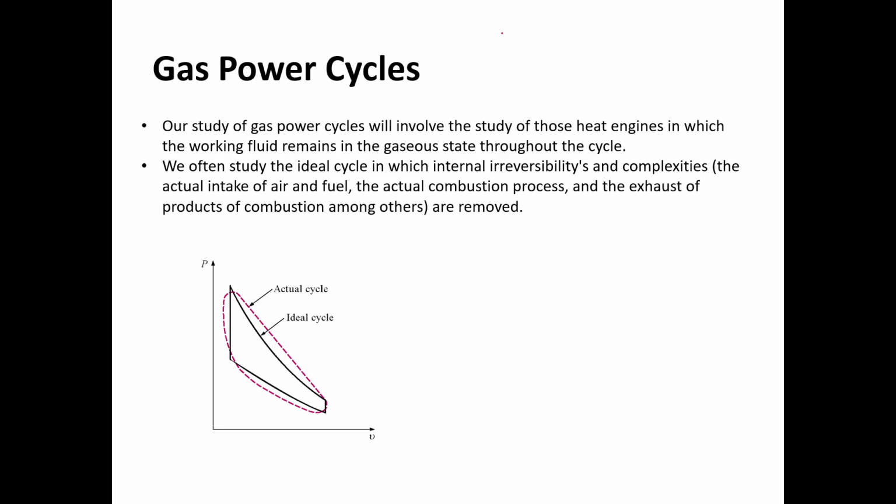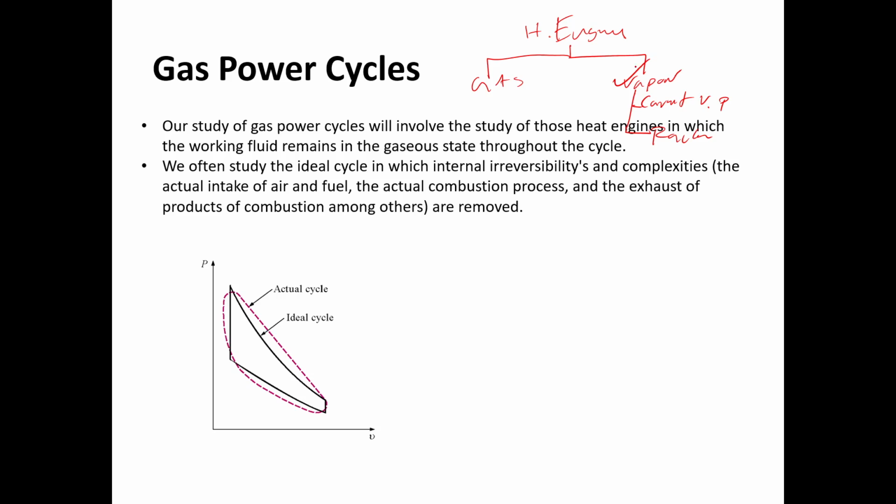So basically we have engines, heat engines. Then under there we have gas power cycles, and then we have vapor power cycles, right? Under there we have discussed the Carnot vapor power cycle, and then we have discussed the Rankine cycle.